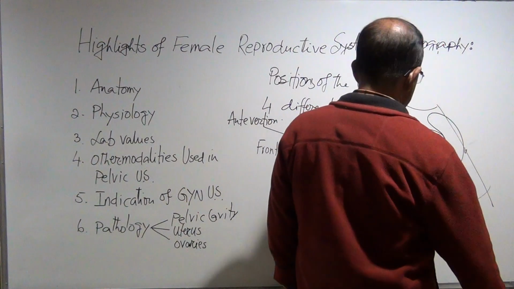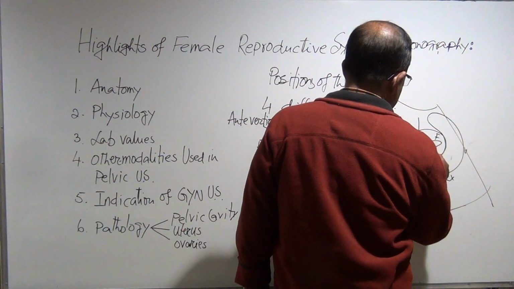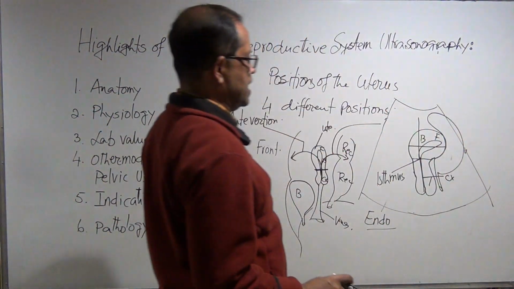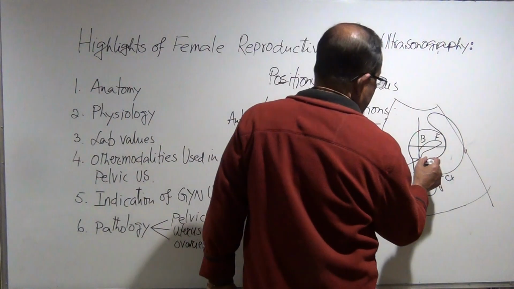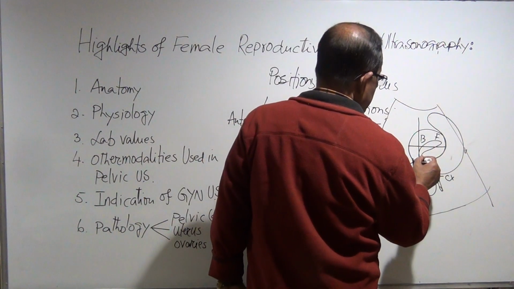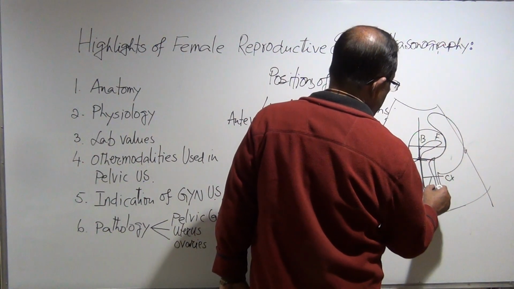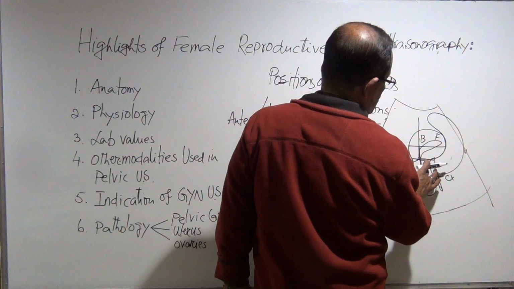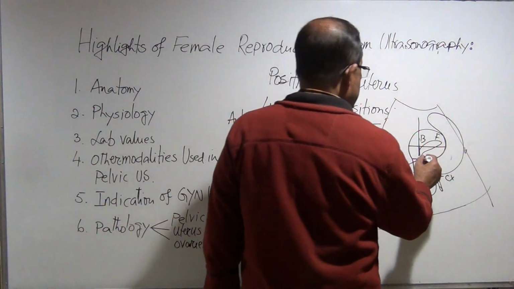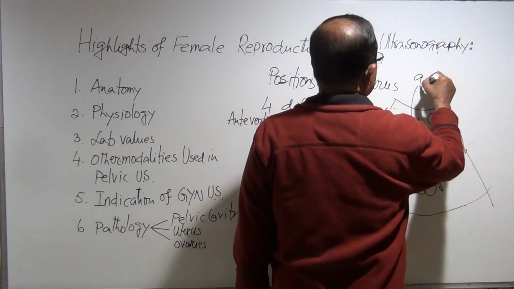at 90 degree. Okay? So if you draw this diagram and if you draw the body and fundus diagram, then you will see at the isthmus, it will be so this way and this way. Okay, so this corresponds with the body and fundus. Then you will see this junction is 90 degree.